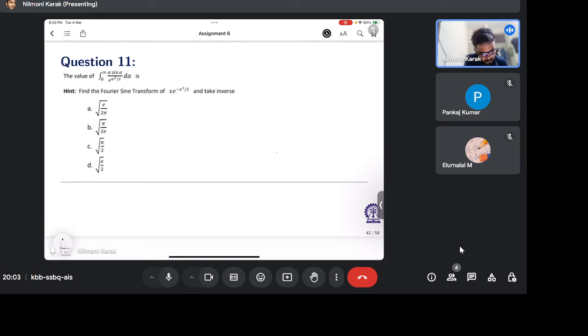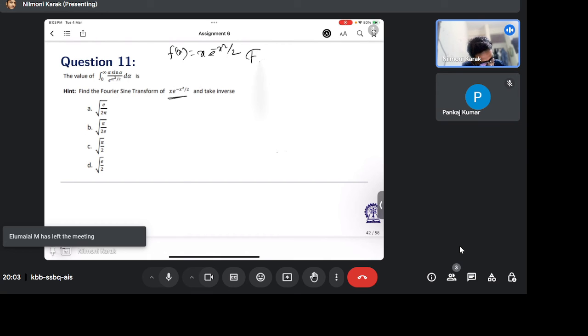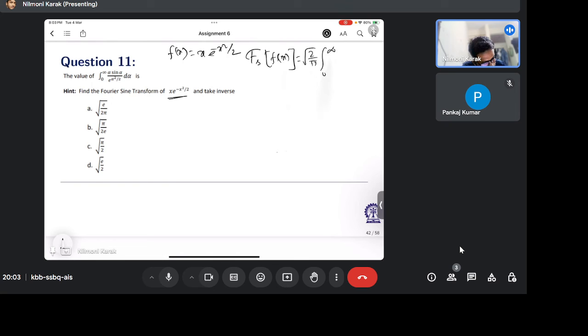No problem. So here basically you have to consider this function: f(x) is x e to the power minus x square by 2. Then the Fourier sine transform of f(x) is root under 2 by pi integration 0 to infinity x e to the power minus x square by 2 sin alpha x dx. And I am not going to evaluate this integral.